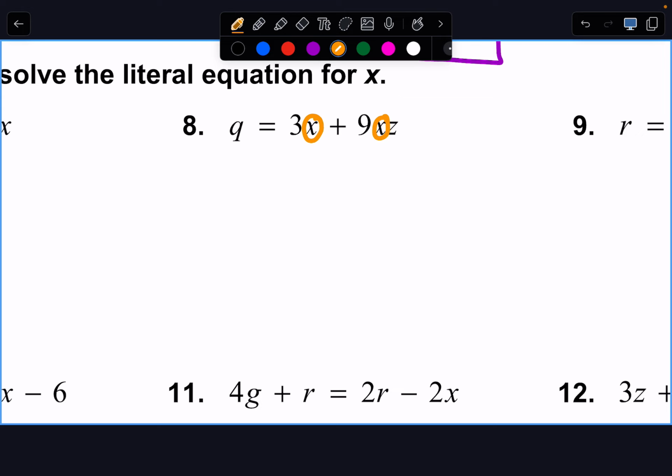Okay, so this is what we're going to have to do. I only want 1x. So let's think of the distribution property. If I were to create a distribution where x would distribute, what would I put right here? 3.